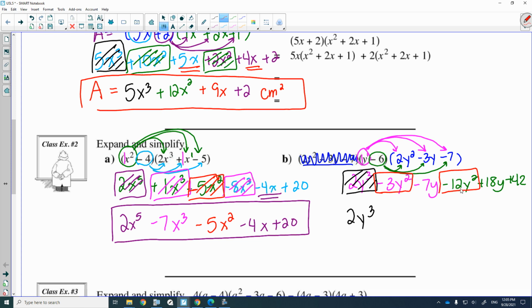And it would be what Ainsley said, which is negative 15y squared. Negative 7 plus 18, how many y's? Yep, 11y. And then your constant plus 42.